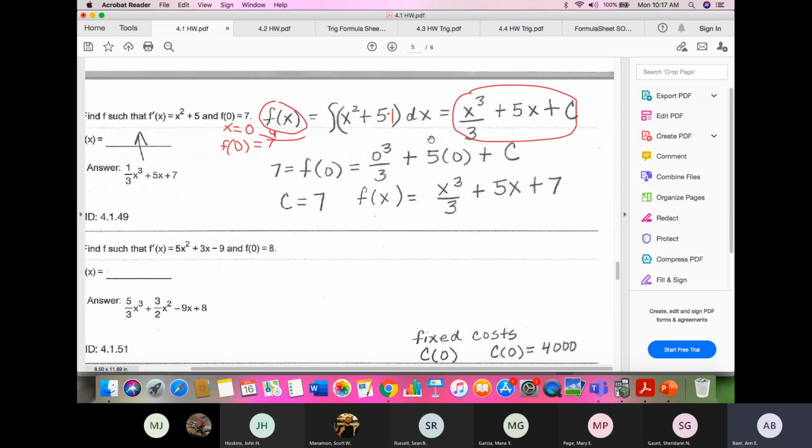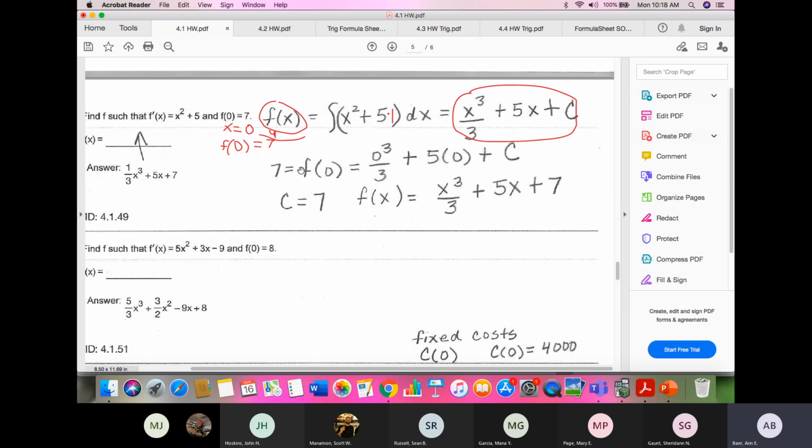If I do that, I get 0 cubed over 3 plus 5 times 0, plus this constant of integration. Now, what this condition is going to tell us is what is that one special constant of integration that we want to use.